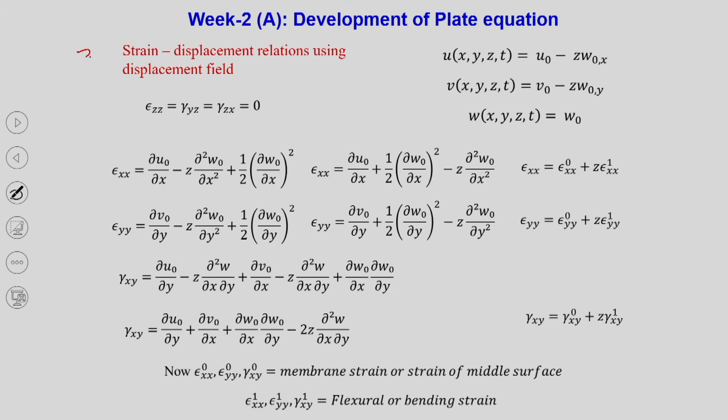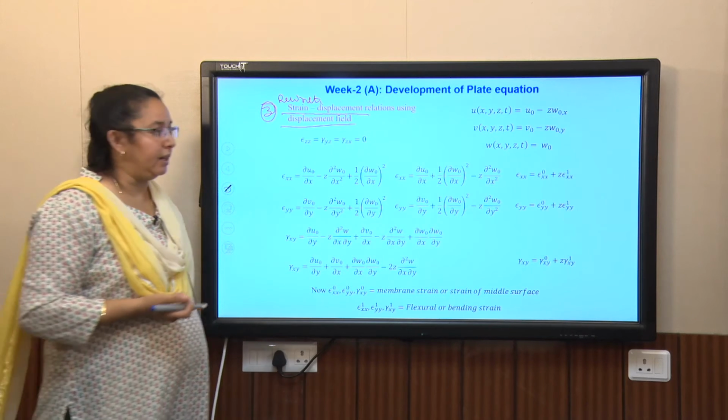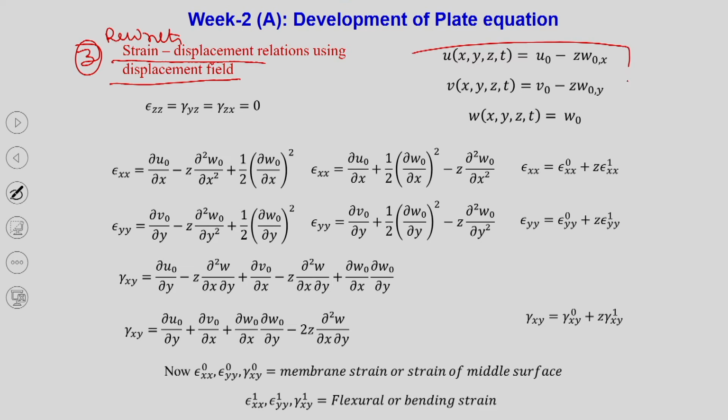Now, in the third step, you have to derive or rewrite, whatever you want to say, the strain displacement using the displacement field. What is that displacement field? This is our displacement field. If we have u, v, w like this, what will be my strain?